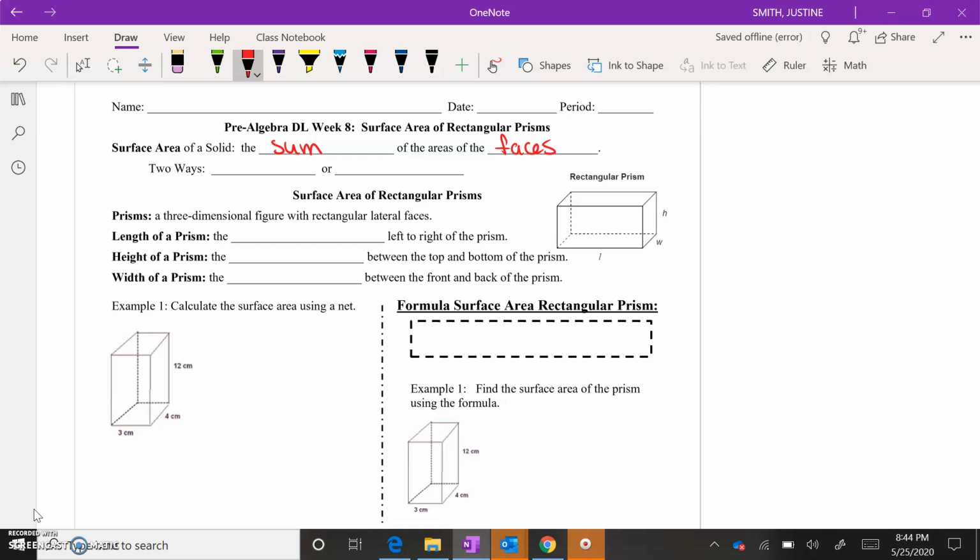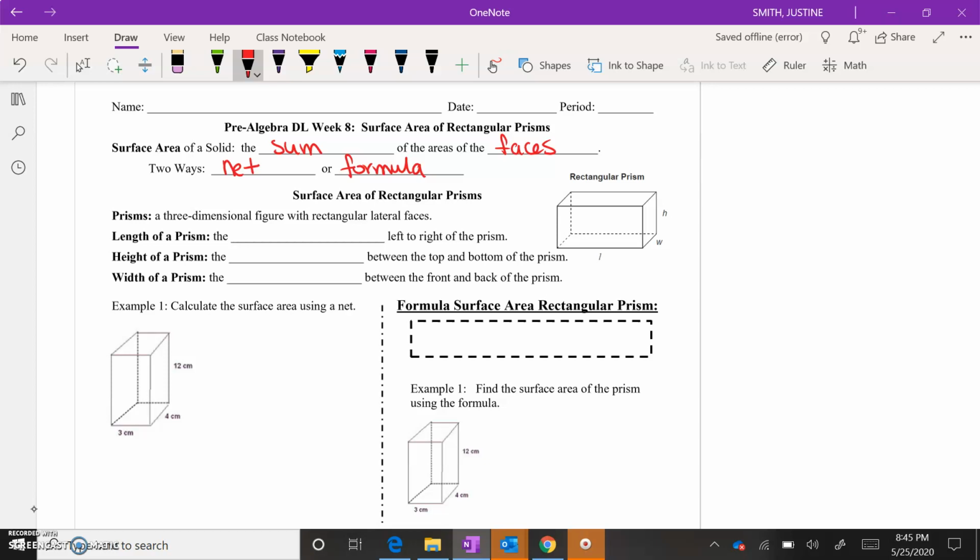So again, there's two ways. The first thing that you could do is you could use the net, and we'll talk about this in a minute, or you can use the formula. If you look at this prism here on the right, a prism is just a three-dimensional figure with rectangular lateral faces.